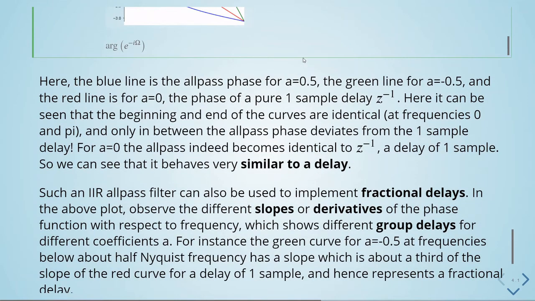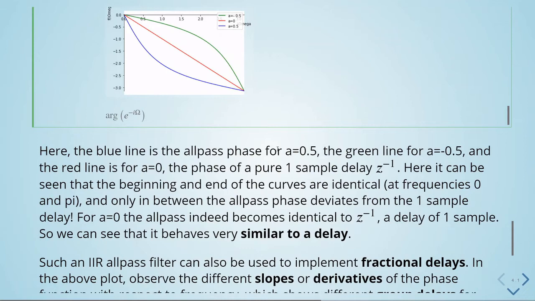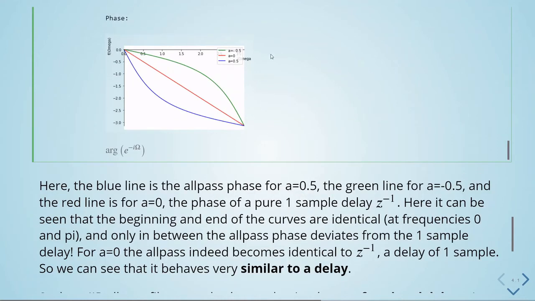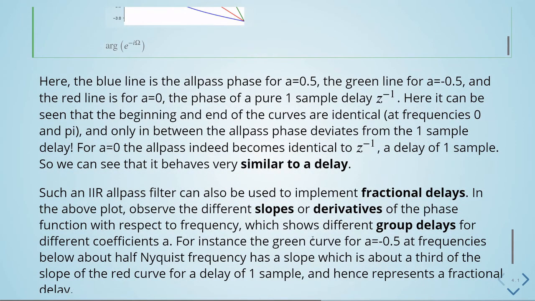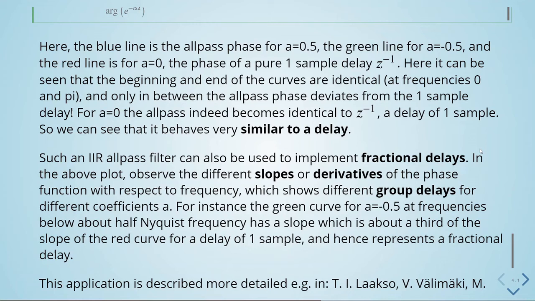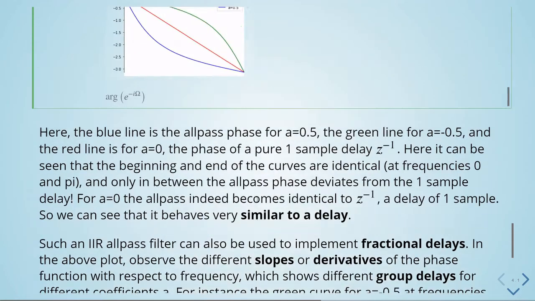So for instance, if we take the green curve, a is equal to minus 0.5. At the frequencies below half the Nyquist frequency, it has a slope which is about a third of the slope of the red curve, which is the one sample delay, and it represents a fractional delay.